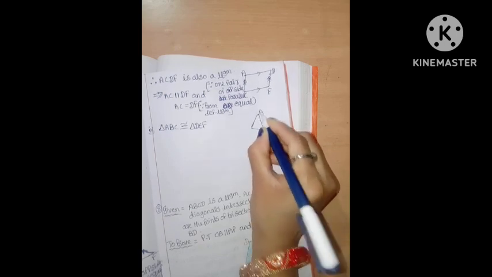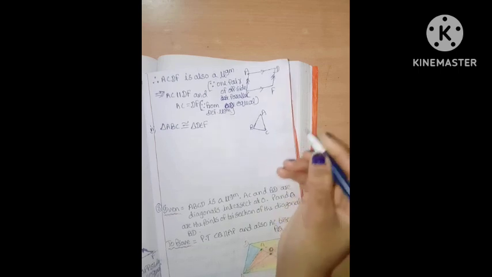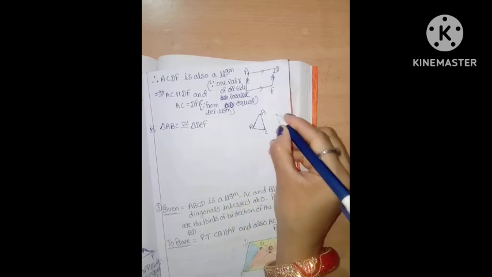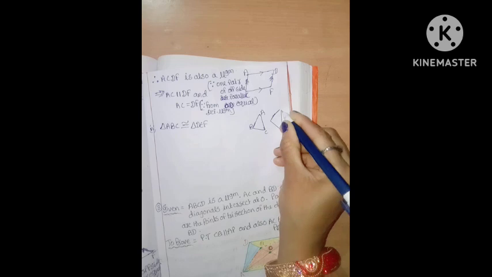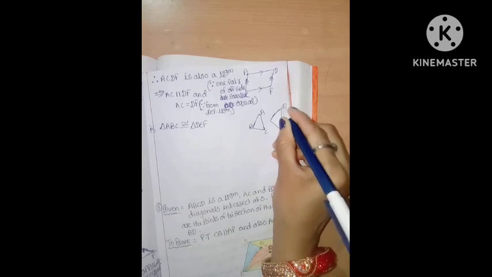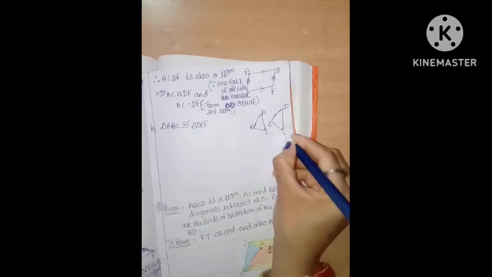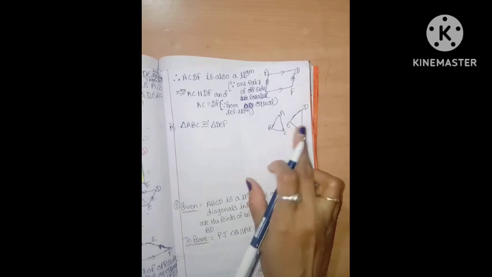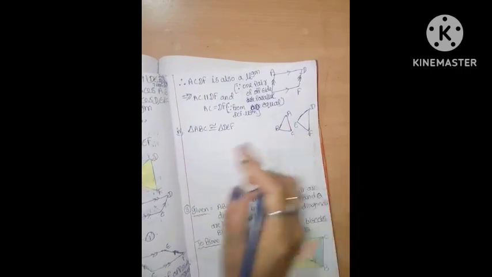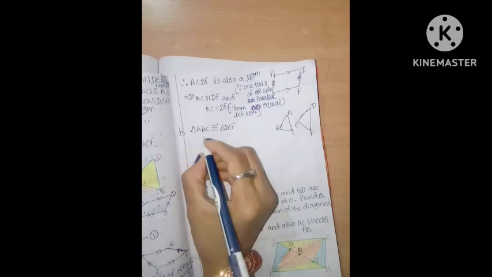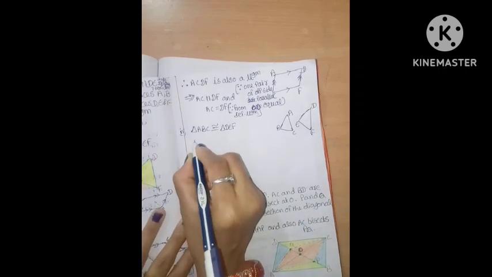We will show that these two triangles are congruent. First, one by one.